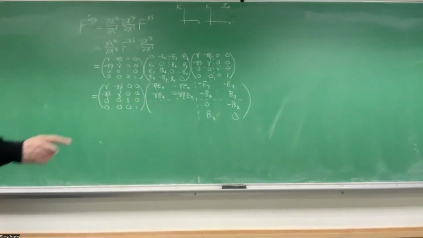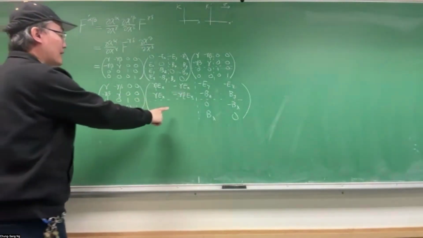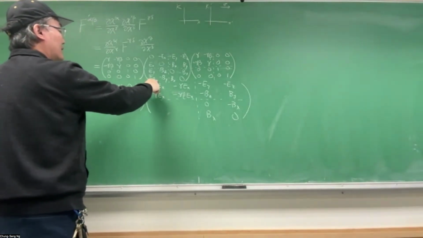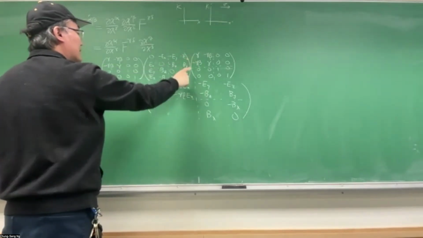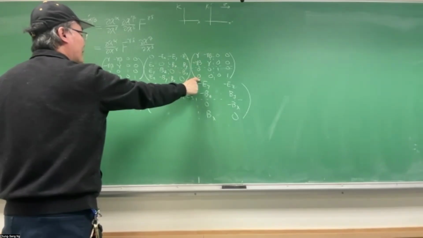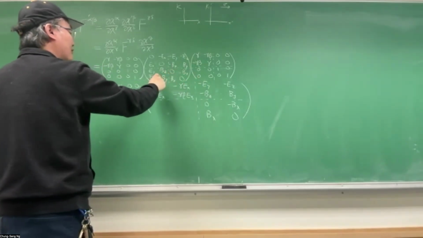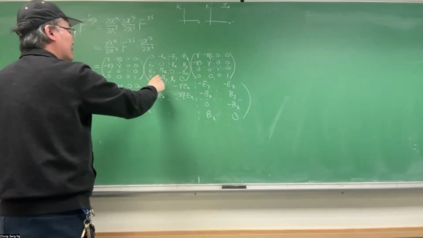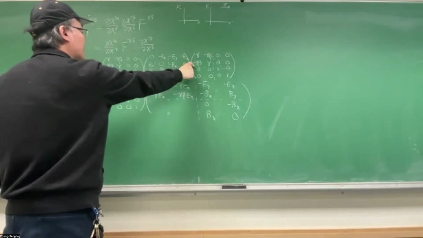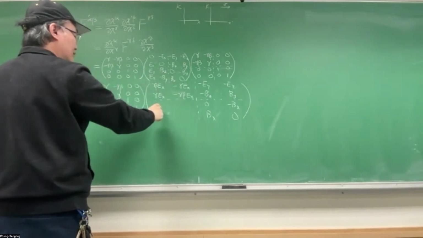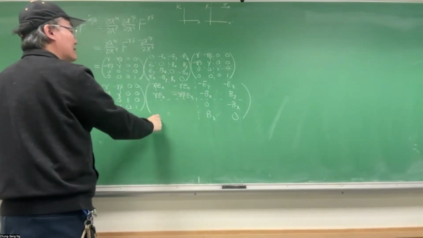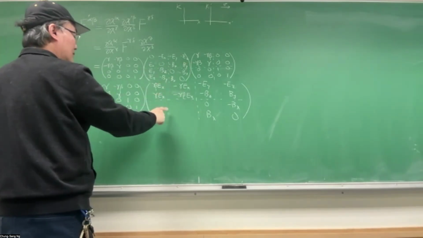And now finally this one will be slightly more complicated. It's this element, this times this plus this times that, which is zero, so the second multiplication is zero. But the first one is more complicated because there's no symmetry in this matrix. So you need to work out all four elements, one at a time.